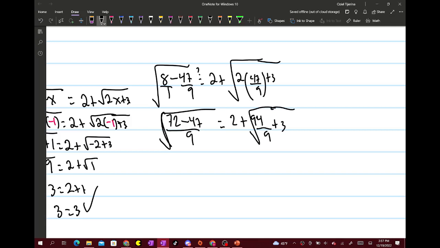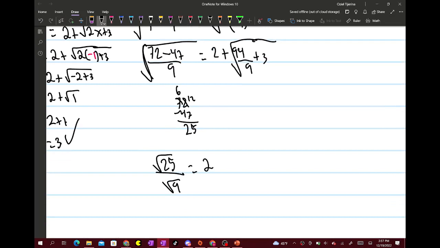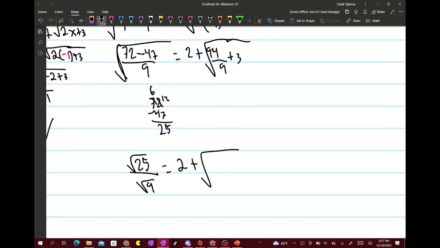So 72 minus 47 is 25. So the square root of 25 over the square root of 9 is equal to 2 plus the square root of 94 plus 27 all over 9.